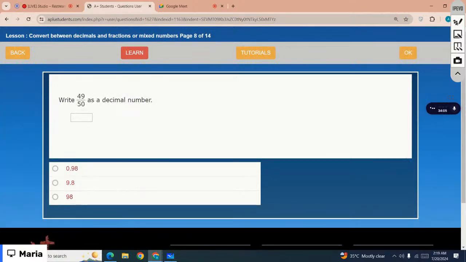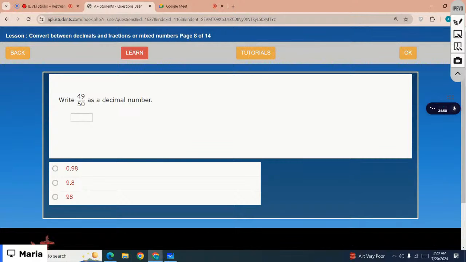Write 49 over 50 as a decimal number. So which is the correct option? Yes, that is 0.98.